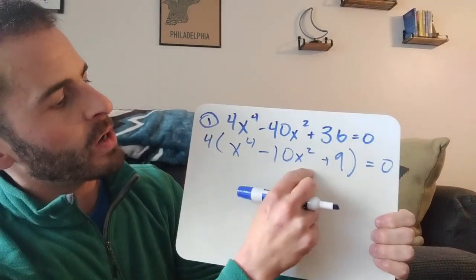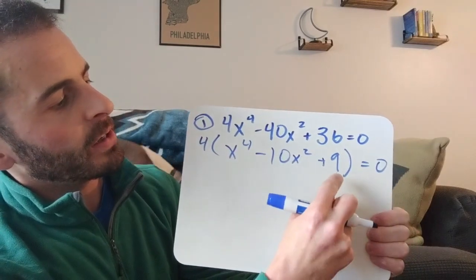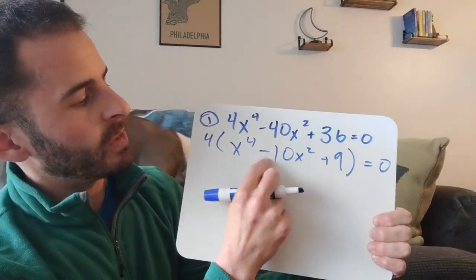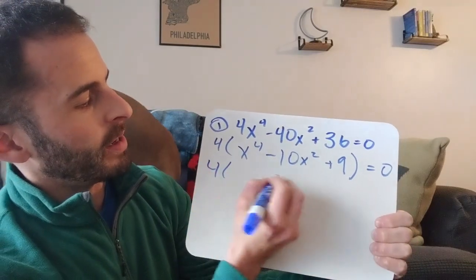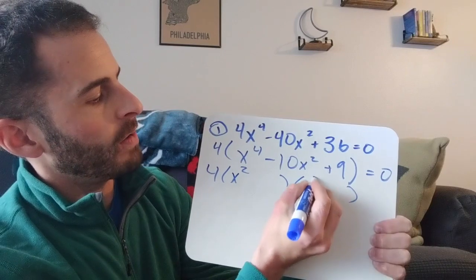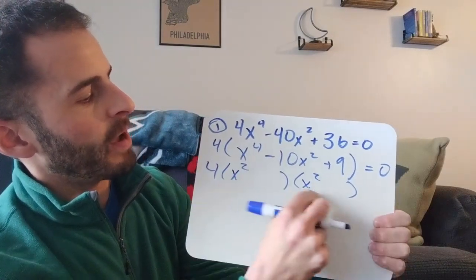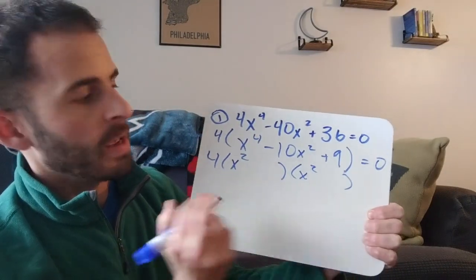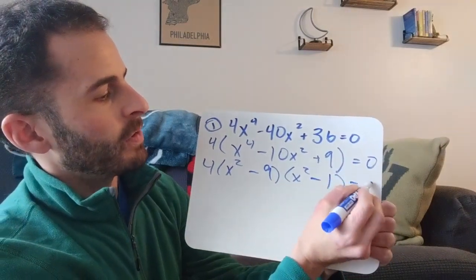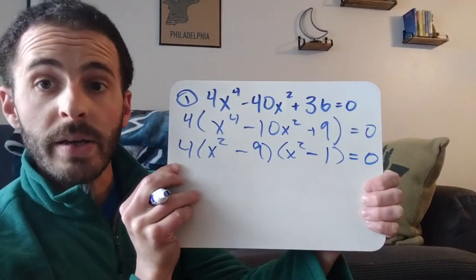And so I still have my quadratic form rule, and so I can think of two numbers that multiply to 9, but add up to negative 10. So I think 9 and 1 do the trick. But remember, when I factor now, because this is x to the fourth, I have x squareds in front. And 9 and 1, they both have to be negative. All right, but I'm not done there.